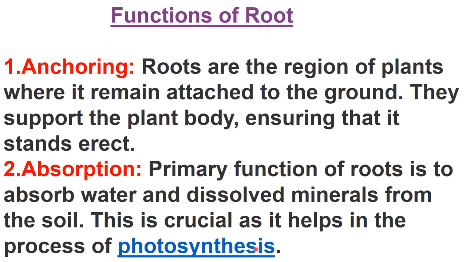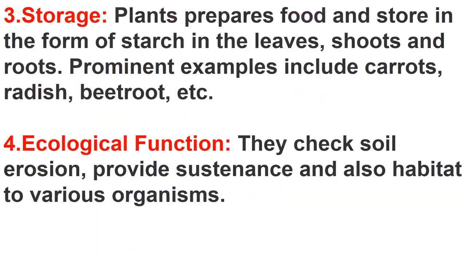When the plant does photosynthesis, it is making food for itself, and that food helps in the growth and development of the plant, right? So water and minerals both are very essential for the plants. And which part of the plant performs the absorption of water and minerals? It is performed by roots.